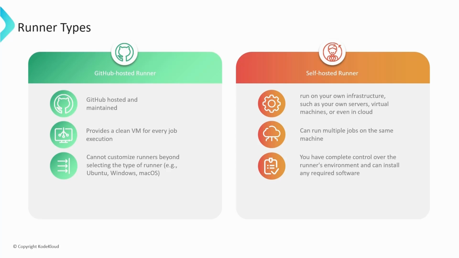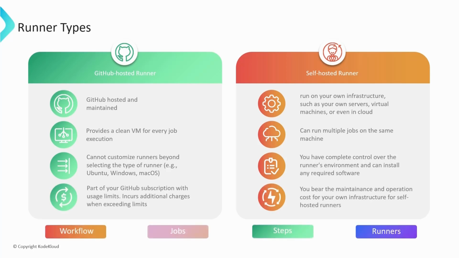And talking about the pricing perspective, GitHub hosted runners are provided as part of your GitHub subscription. They have usage limits, so if you exceed the usage limits, you may incur additional charges. Whereas in the self-hosted runner, you bear the cost of maintaining and operating your own infrastructure.